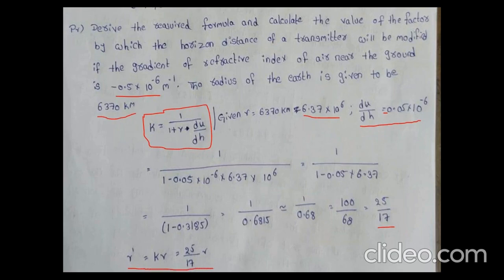K into r is 25 by 17 into the original r. R value is 6.37 into 10 power 6. You can calculate this and tell the answer, or you can leave it here. Okay, it is better if you calculate this and tell the answer. Okay, 25 by 17 into 6.37 into 10 power 6.